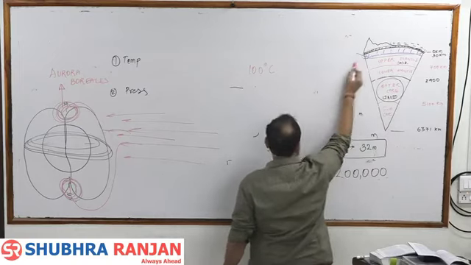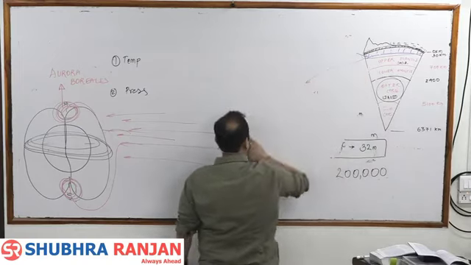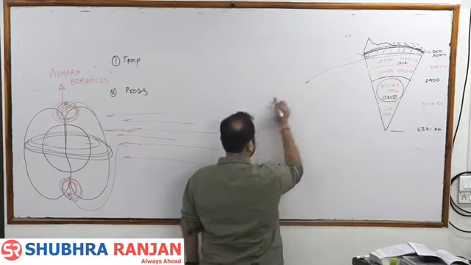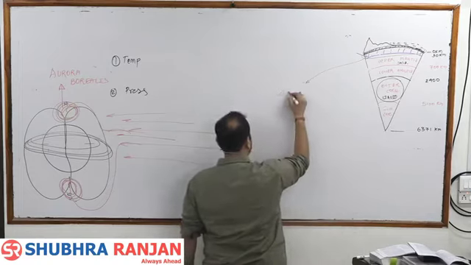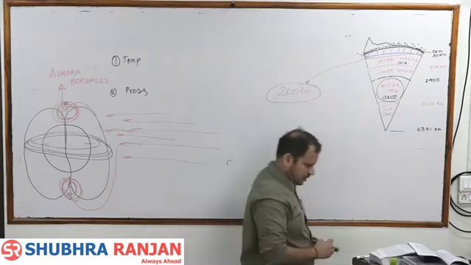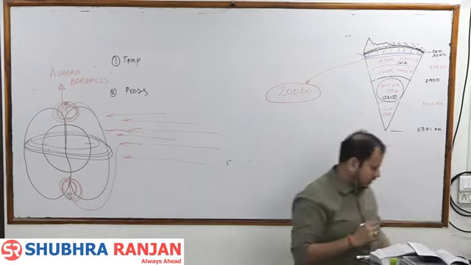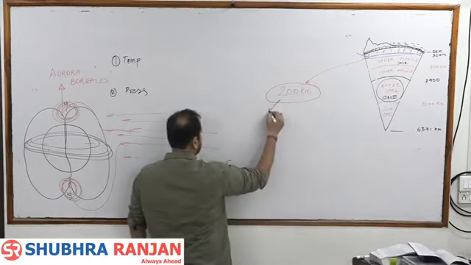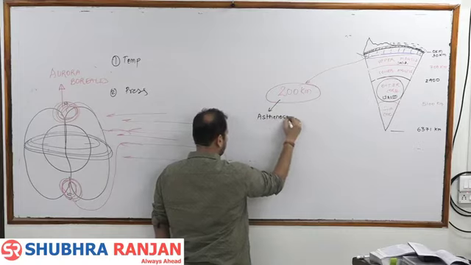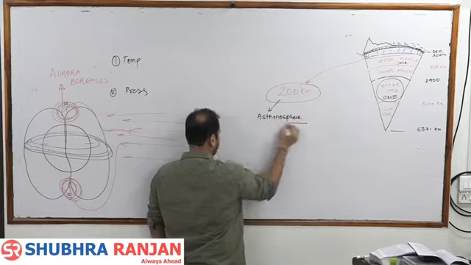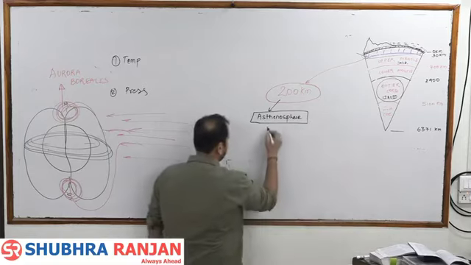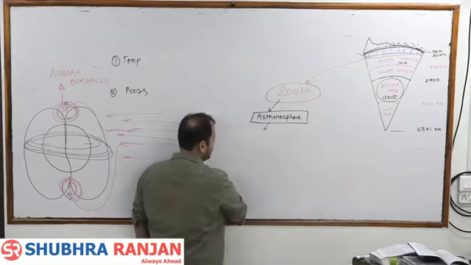Therefore, the zone below the Earth's crust, up to 200 kilometers, is the zone of weak rocks known as asthenosphere. And it becomes the source of what?